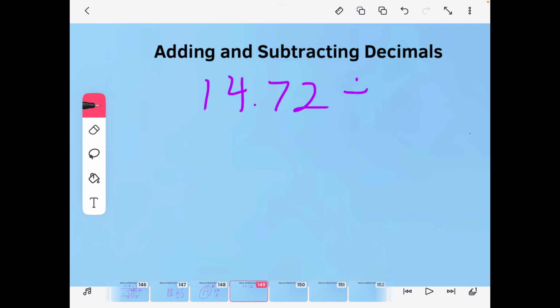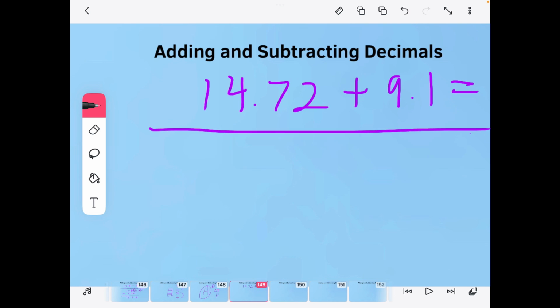14.72 plus 9.1. Should we add or subtract? Let's add, because that's what this says to do. Follow procedure. 14.72 plus 9.1.